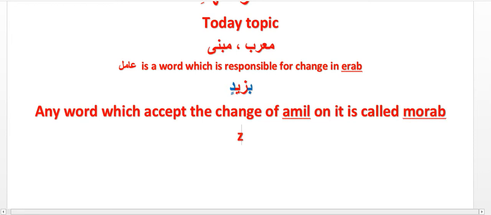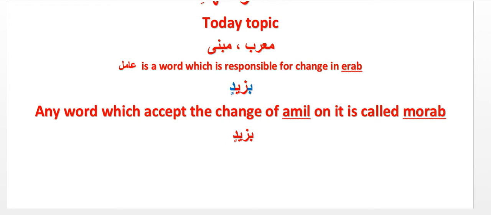Let me show you. Here we have Zaidun. Zaidun have pesh. When we add ba on it, it accepts the I'rab of ba and gives itself zair.